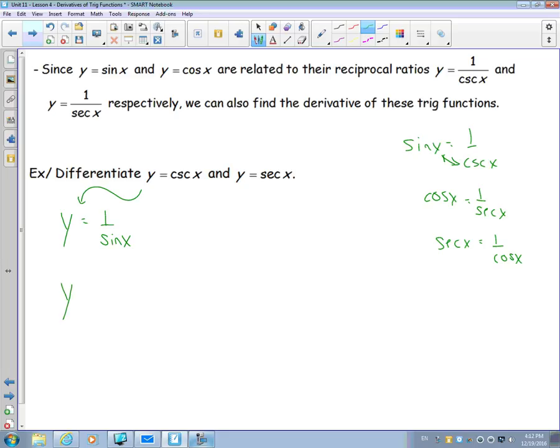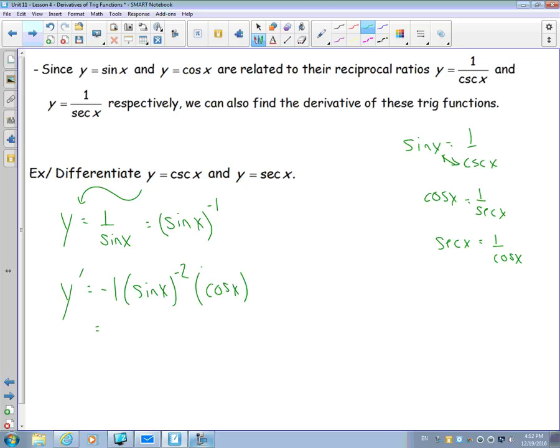Well, you can think of this as either a quotient function, or we can think of this as sine x to the negative 1. That's the same thing, right? That might be easier in this case. Bring our exponent down, subtract 1, so we're negative 2 now, and the derivative of sine x, well, that's just cos x.